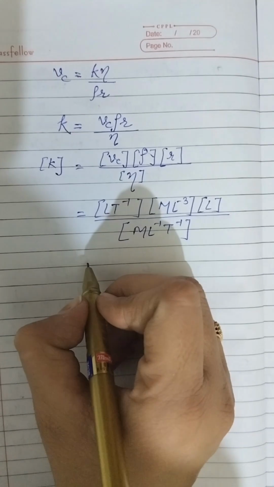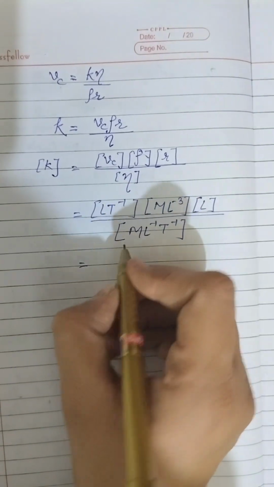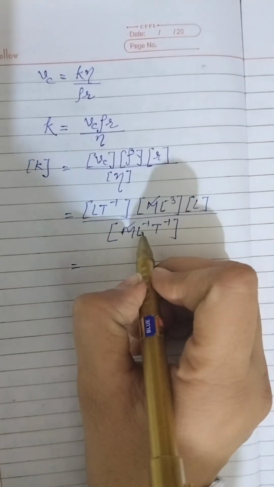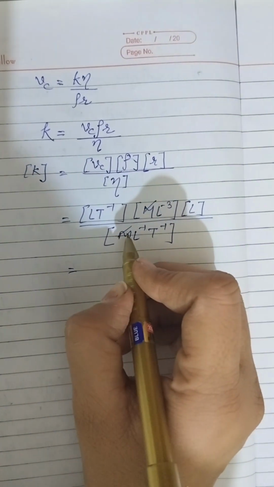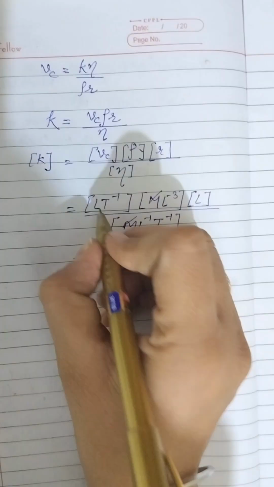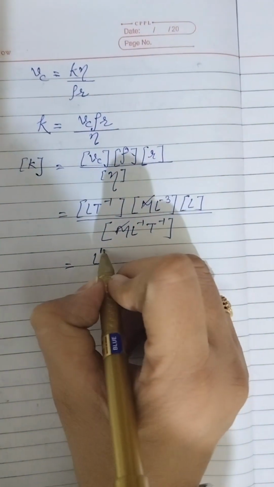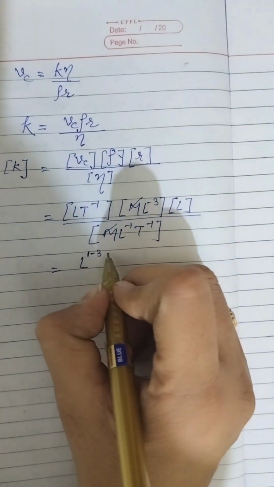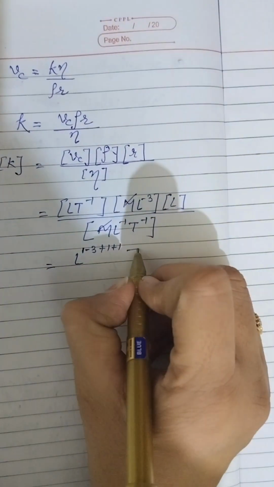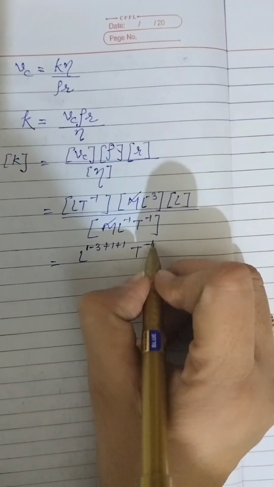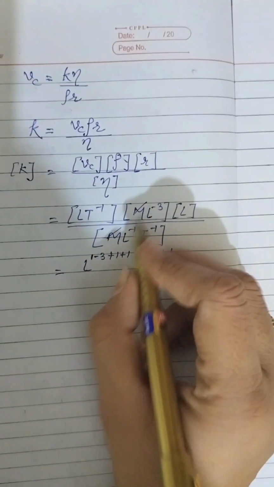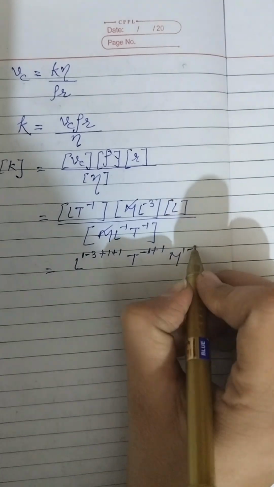After solving these values, we find out the value of k is, like here M cancels. Here L minus 3 plus 1 plus 1 gives L to the power 0. Here the value of t is t minus 1, and this going up becomes plus 1, and M 1 minus 1.